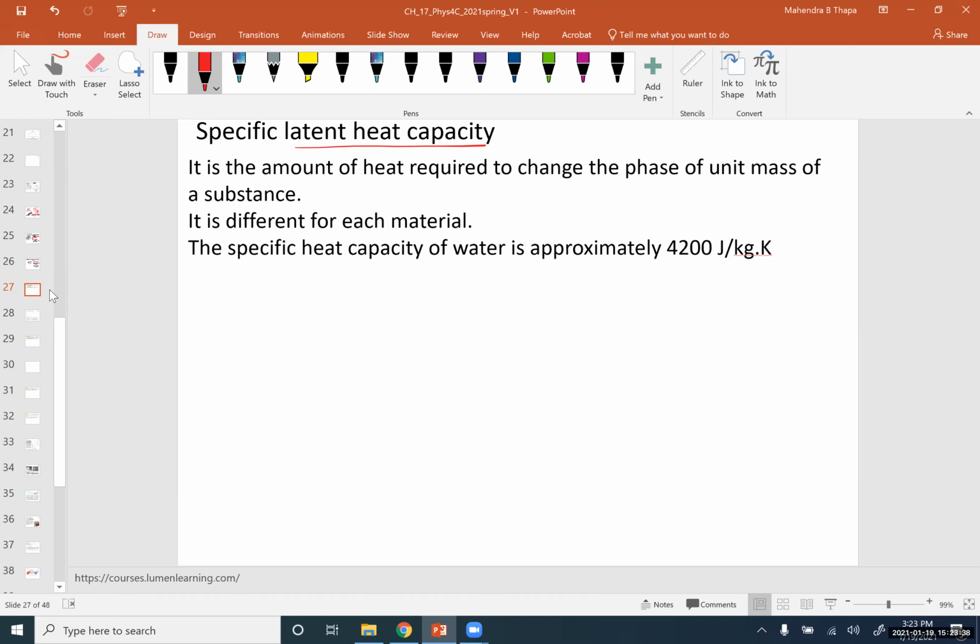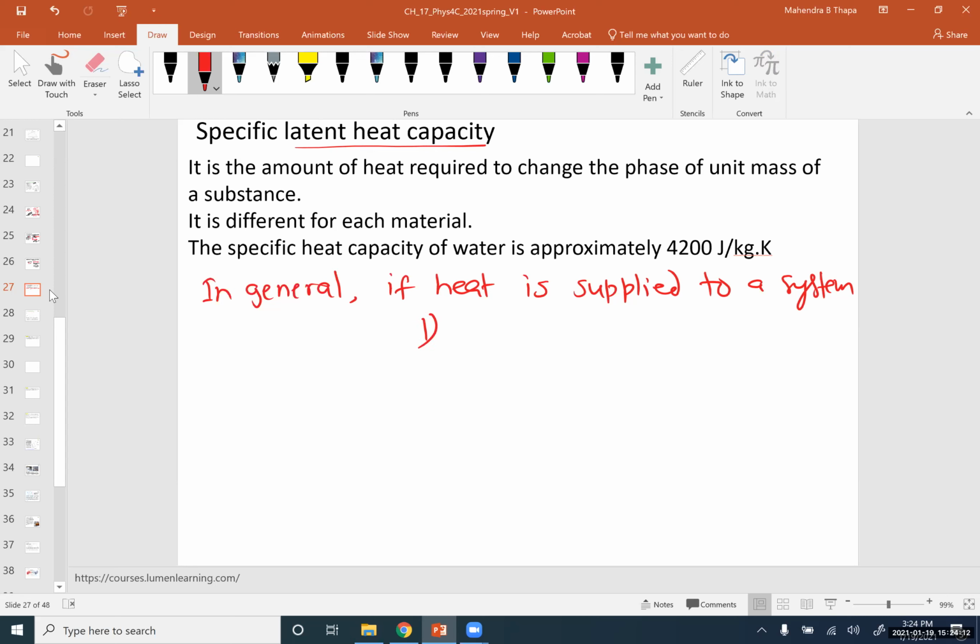So for example, in general, what will happen if heat is supplied to a system? Two things could happen.